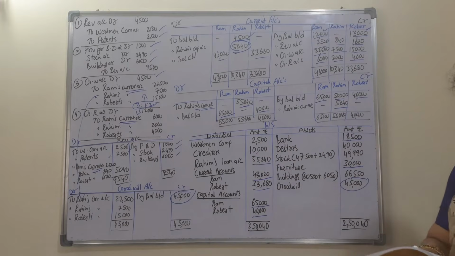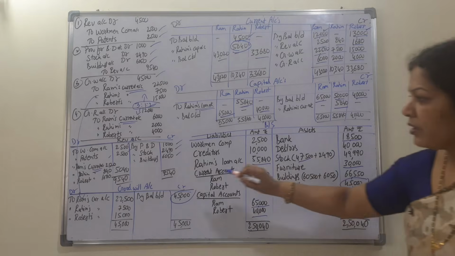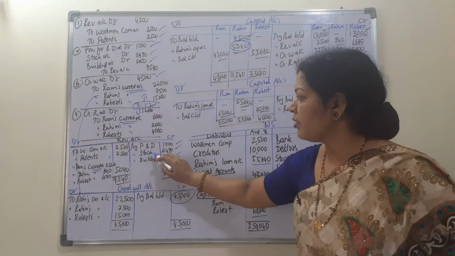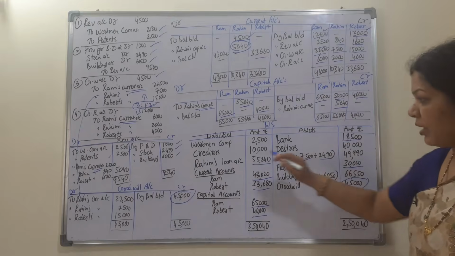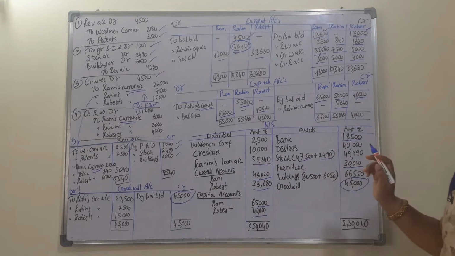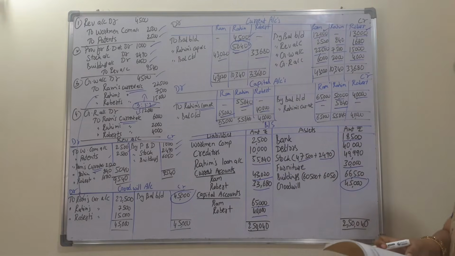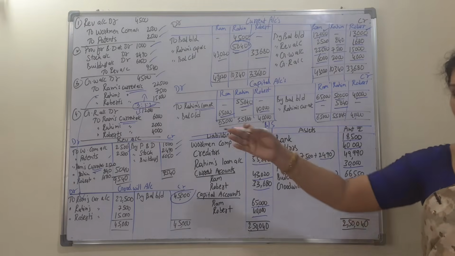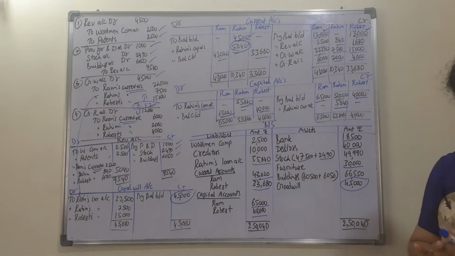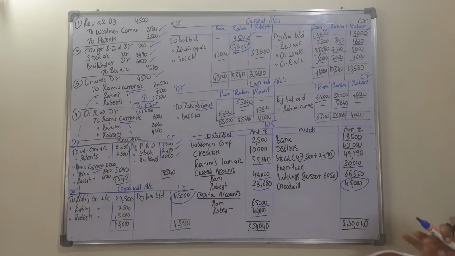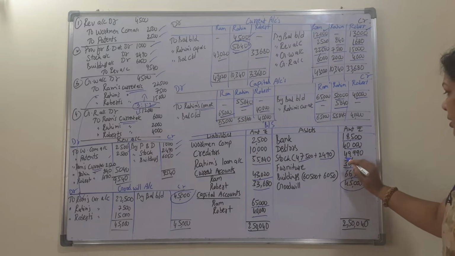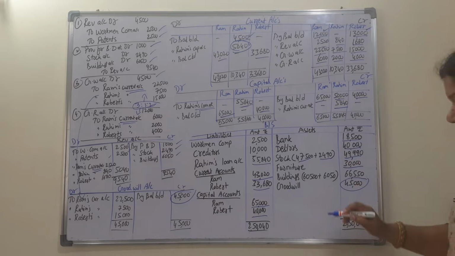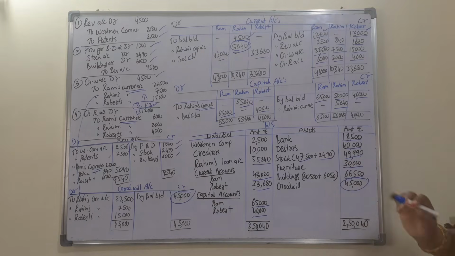And stock 47,500; there is a loss 2,000, sorry, it's appreciation, so we have added it. After stock, debtors are 40,000. The 1,000 we are not taking, we have already taken it into the revaluation account. Next Ram's current, that's all. Buildings appreciation is there, so that we have added.